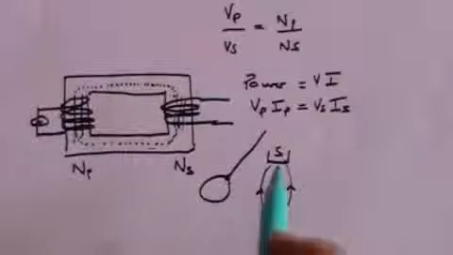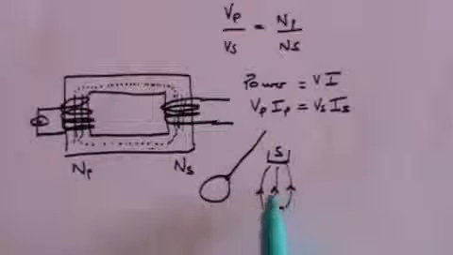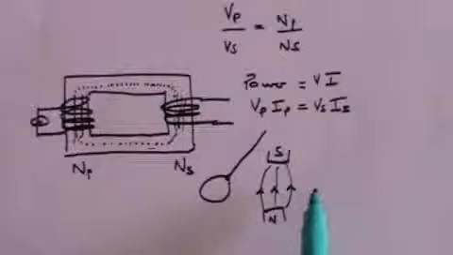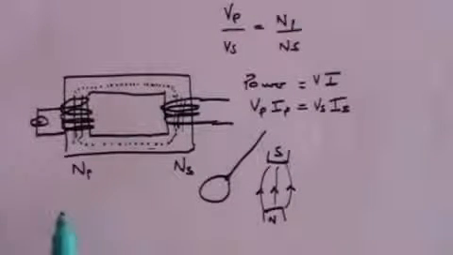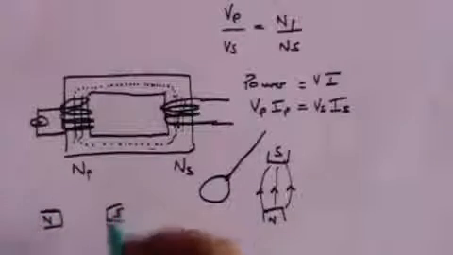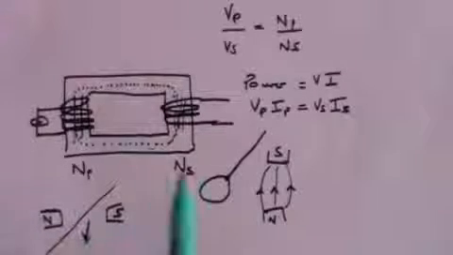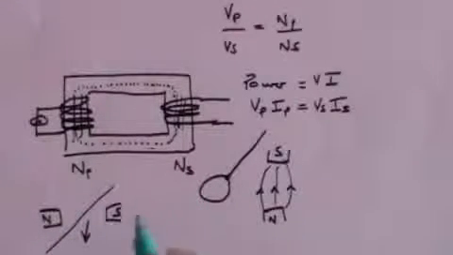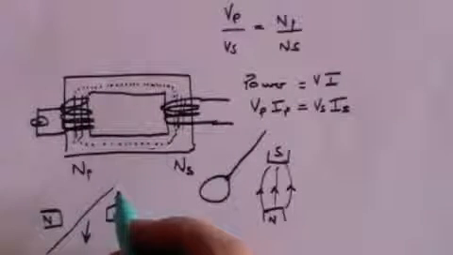Now, what happens as I let that pendulum swing through the magnetic field? Well, imagine it was a wire. We know that if you have a magnet, north, south, and here's a wire, and you move that wire down quickly, that will induce a current to flow in the wire.